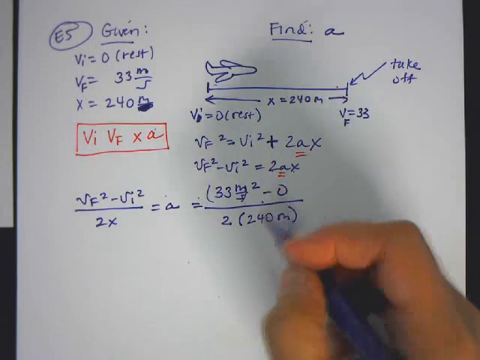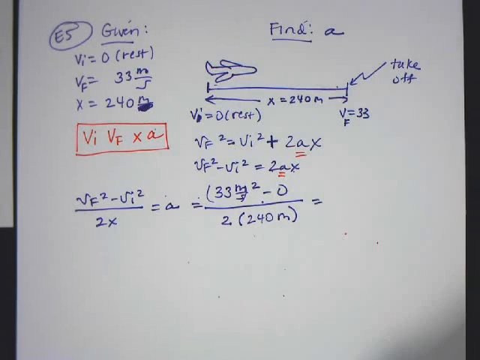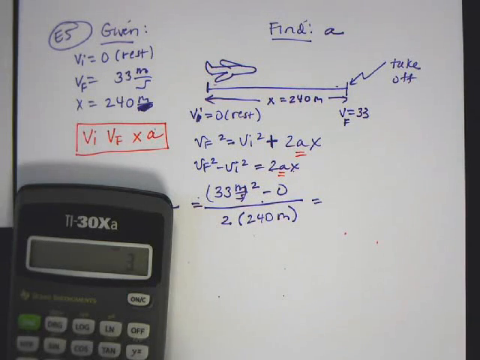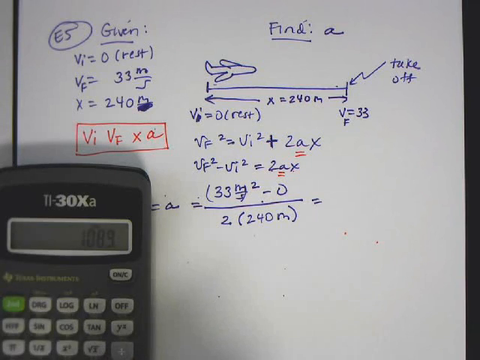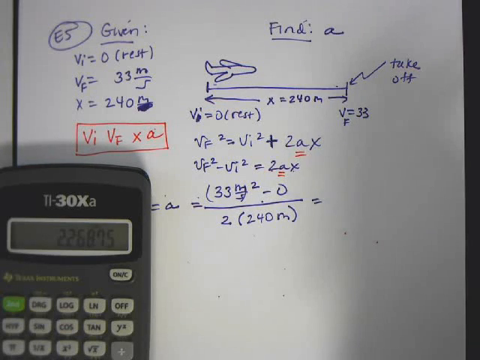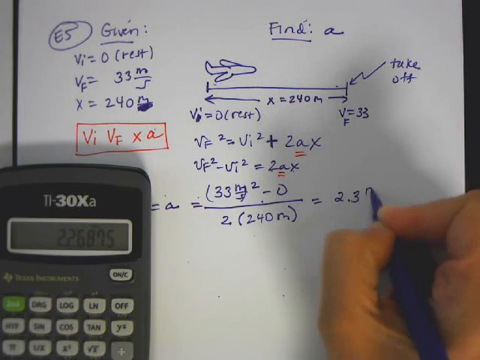So now, when I put this in my calculator, I have 33 squared divided by 2 times 240, and it comes out to be 2.26, which we'll say 2.3 meters per second squared.